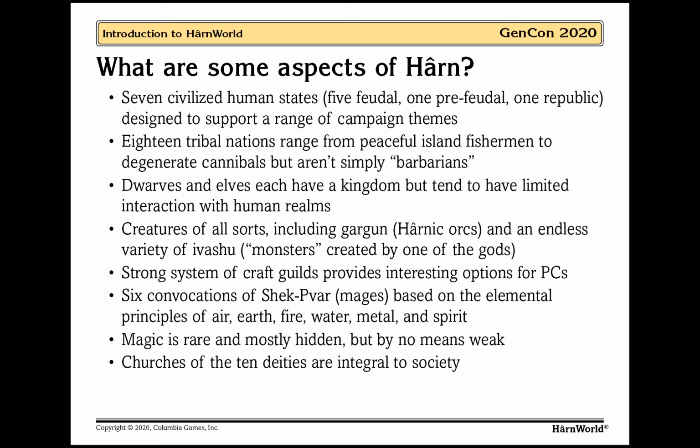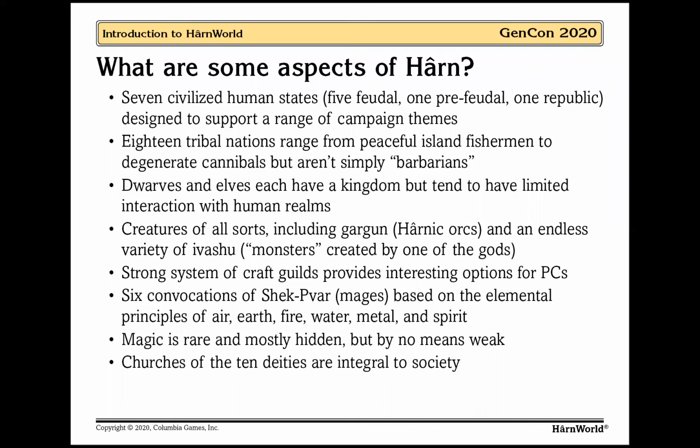One of those is the craft guild system, where there's a lot of organization that in our history doesn't come about until about the 14th or 15th century. You're talking early Renaissance kind of stuff. But it's cool because it brings in all sorts of interesting social and economic conflicts that you can throw at your players for interesting adventures.